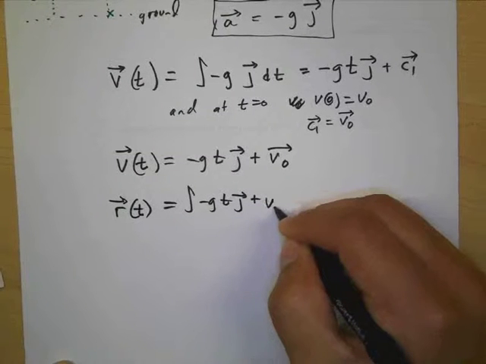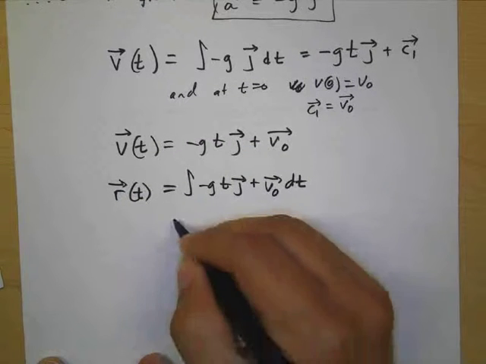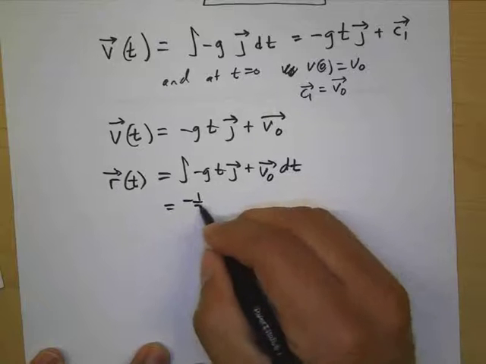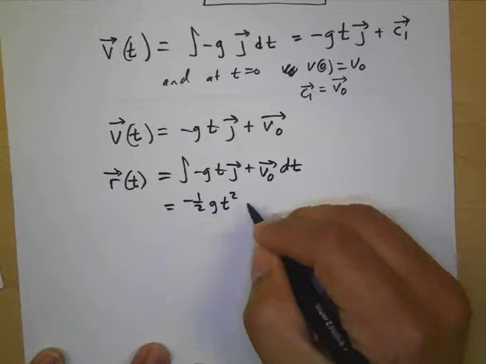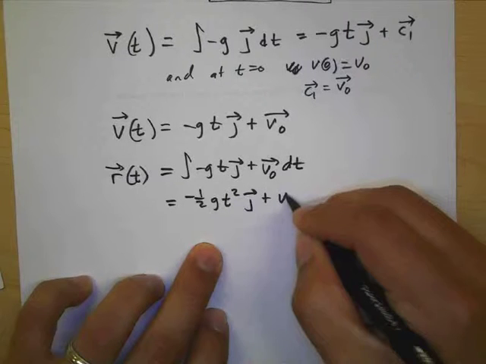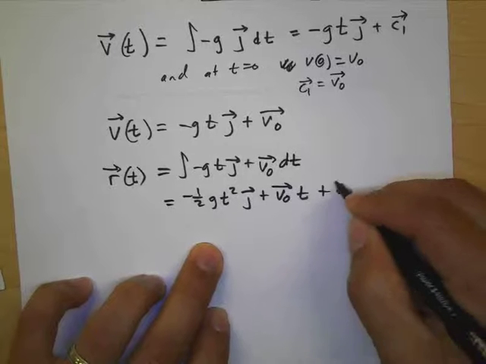That's where you get the other one from. Yeah, so it's all the same. We get minus 1/2 gt squared j plus v0 t, because this is with respect to t, plus another constant vector, we'll call it c2.